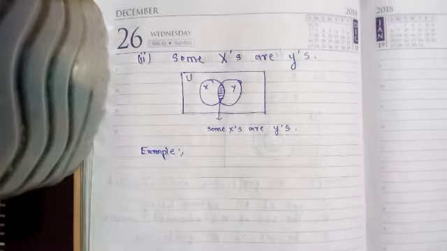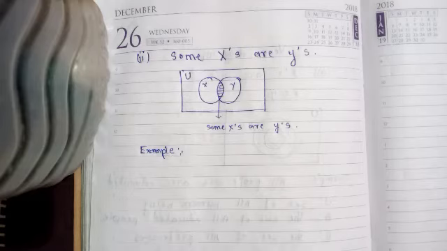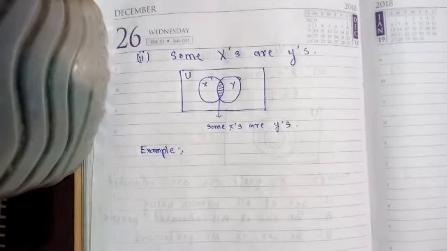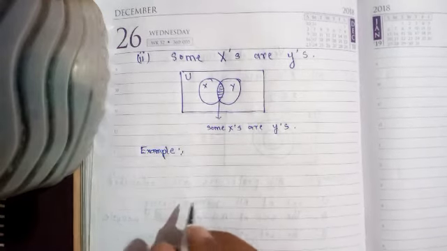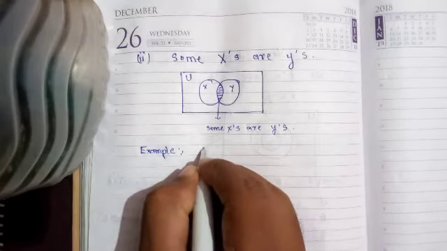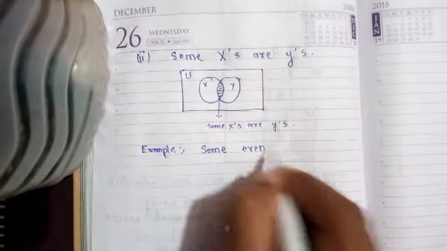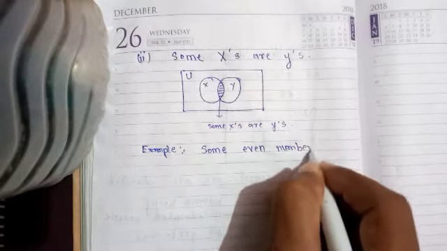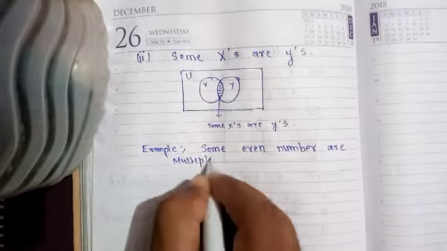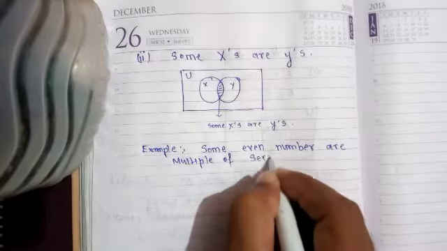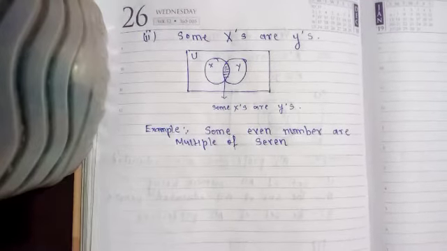We have the example for "some x are y's." That is, "Some even numbers are multiples of 7." Okay, let me see. There are some even numbers which are also multiples of 7.